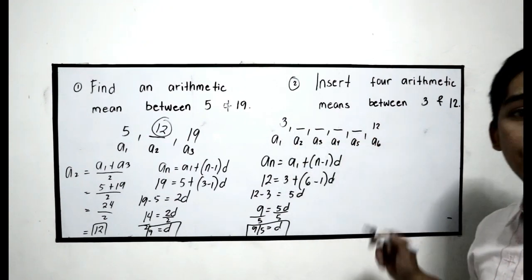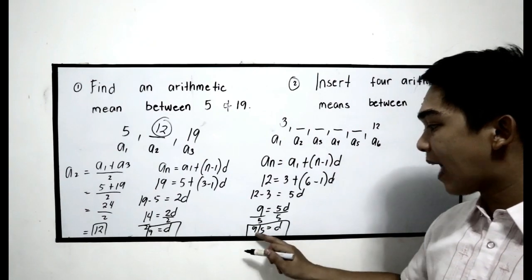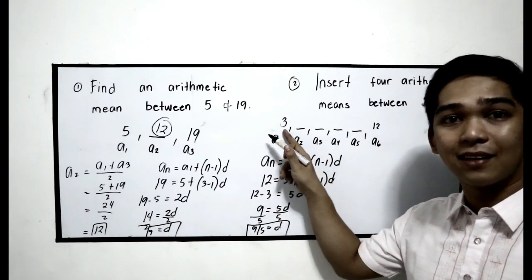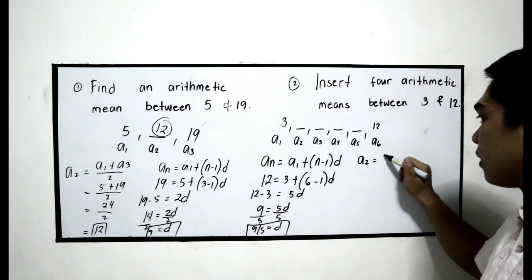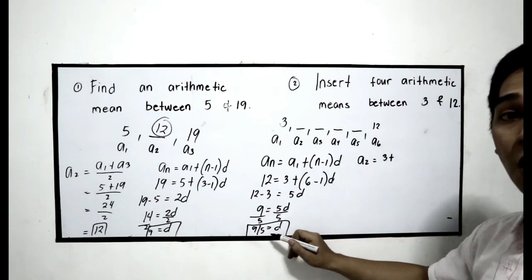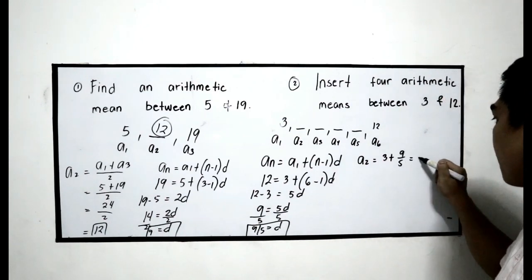Now, to find the succeeding term, we need to add 9 over 5 plus 3. So, to find A2, 3 plus the common difference, 9 over 5.